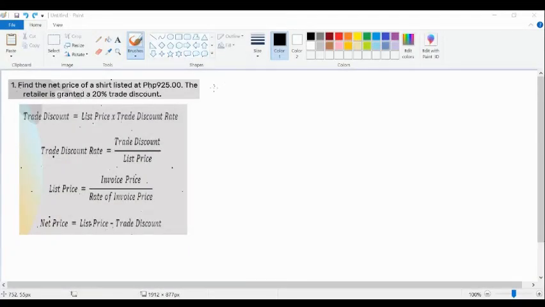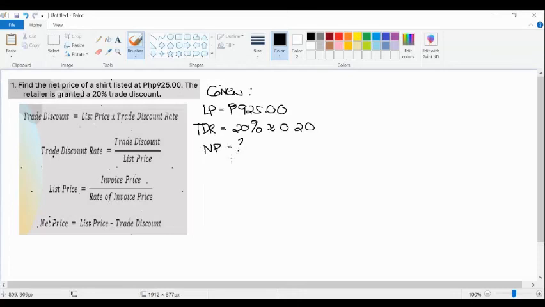Okay, let's have the following examples to better understand this. Example number one, find the net price of a shirt listed at 925 pesos. The retailer is granted a 20% trade discount. So, our givens will be list price is equal to 925 pesos and the trade discount rate is 20% or equal to 0.20. So, we're looking for the net price of the shirt.